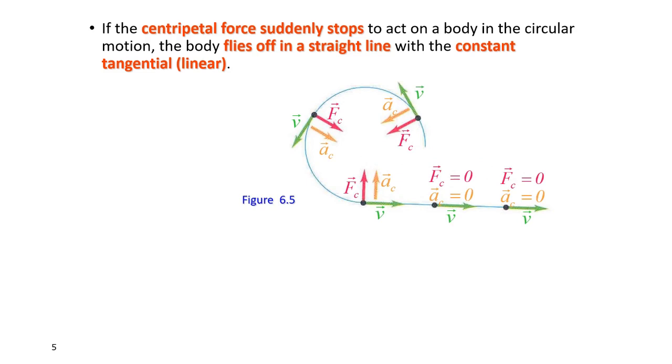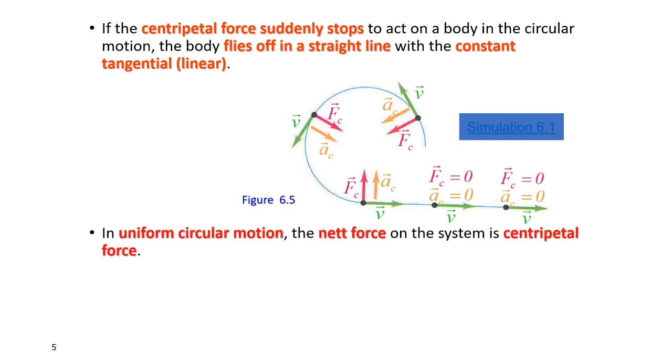For example, when we stop applying centripetal force, the body will move in a straight line, because Fc equals 0, and at the same time the centripetal acceleration also equals 0.